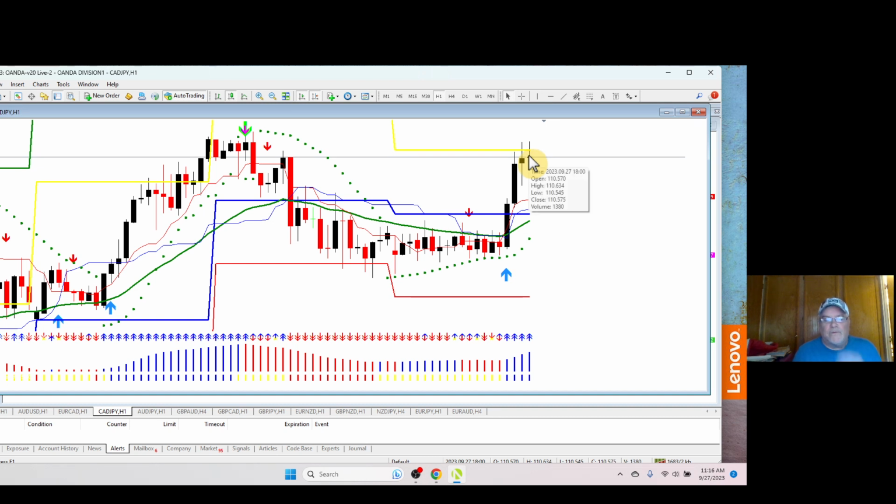63. So that was a $4 risk plus the spread, $7. And if you got in right now, it's at 57 to 67. That's 10. So that's a $13. That's a $12 risk. CAD yen.